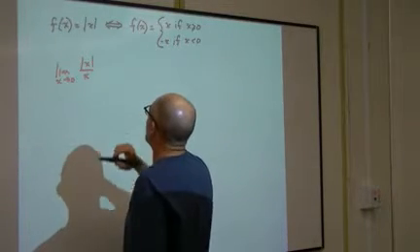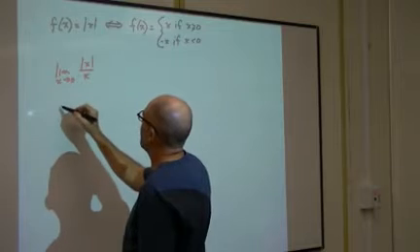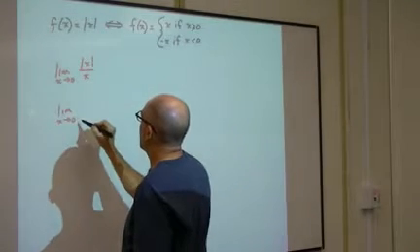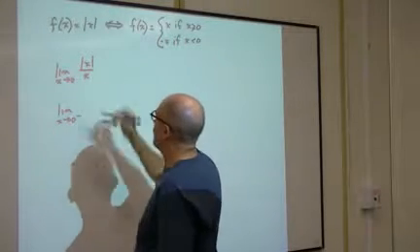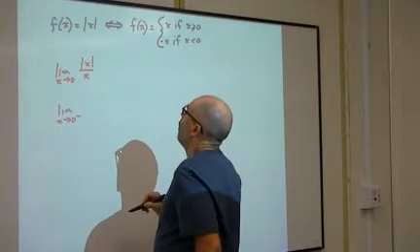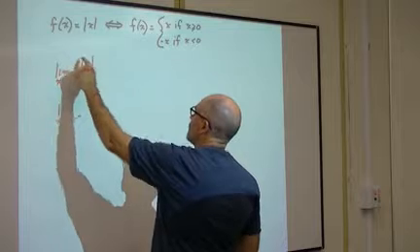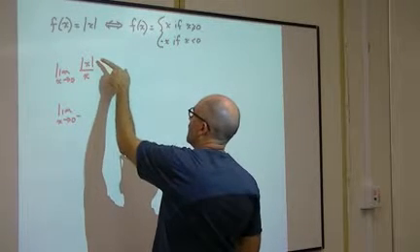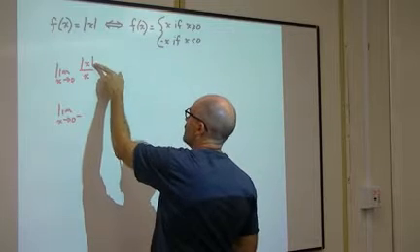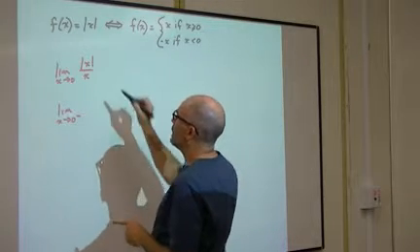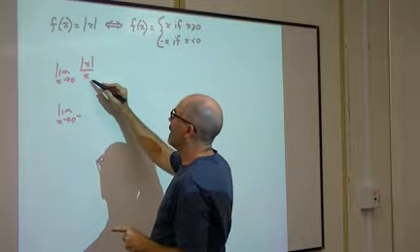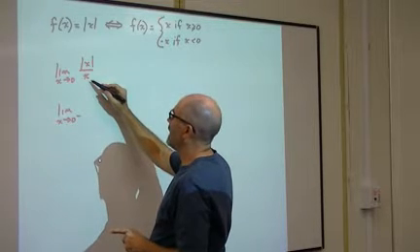Okay, so what we're going to do first is say the limit as x approaches 0 from the left of this value. Well, as I'm approaching 0 from the left, I end up with a very small positive number over a very small negative number.